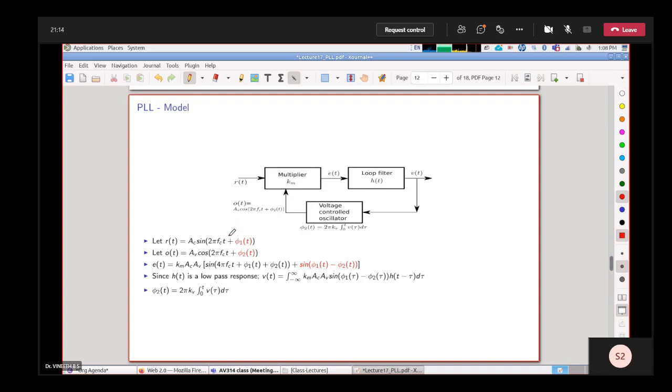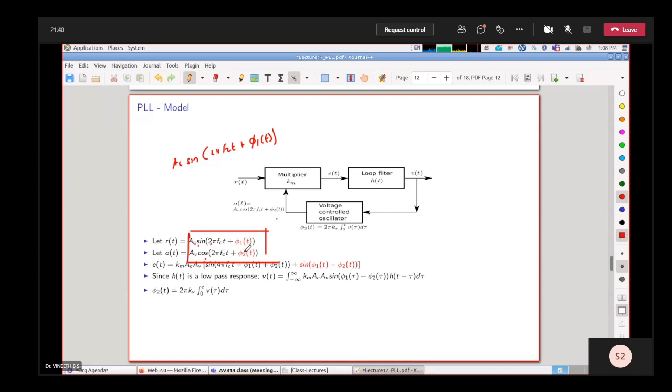I'm just putting down these notations here. R of t is AC sine 2 pi FCT plus phi 1 of t. O of t is AV cos 2 pi FCT plus phi 2 of t. We basically want phi 1 and phi 2 to match here. Just keep that in mind. This is like a sine, this is like a cos.